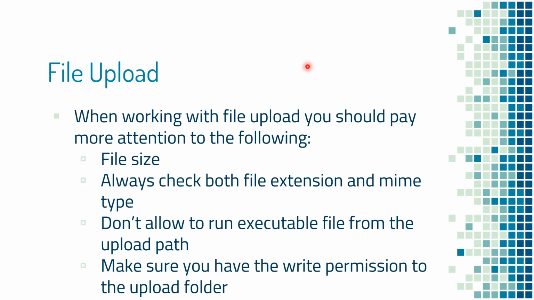Just checking the file extension is not enough. You have to check the MIME type, and most modern file upload modules provide some API where you can check it, because some people will change the extension of the file to bypass the verification.